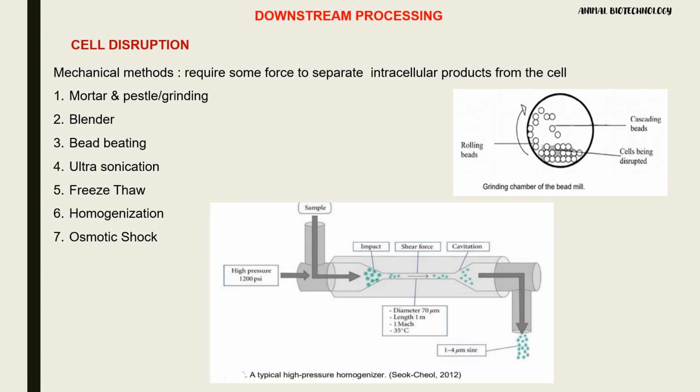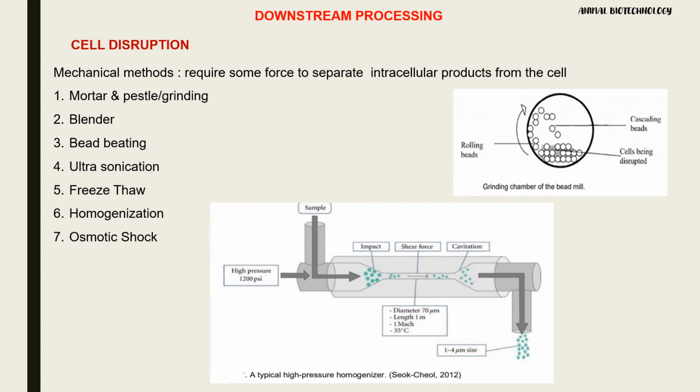Cell disruption by mechanical methods. There are various types of methods used in this. In this technique, force is used to lyse the cells without the use of enzyme or chemical. In small scale, it could be done by means of mortar and pestle or blender. In blenders, high speed is used to disrupt the cells.